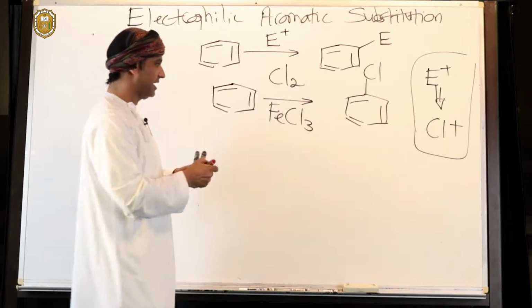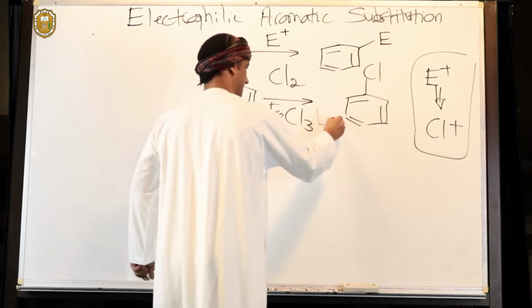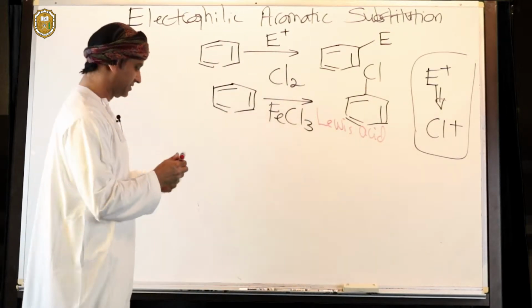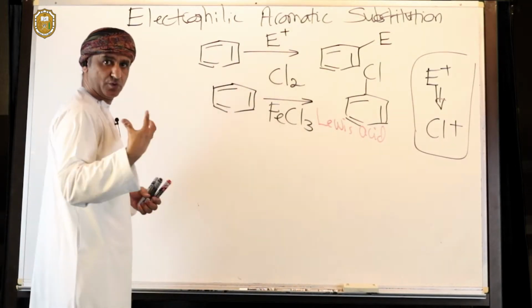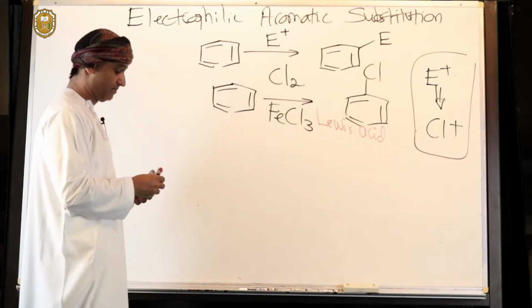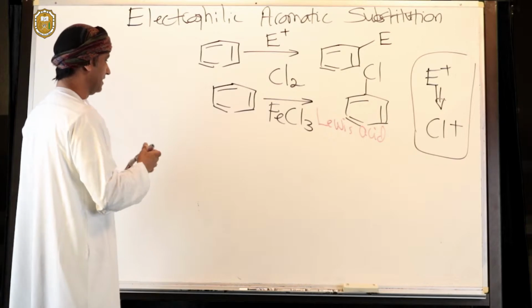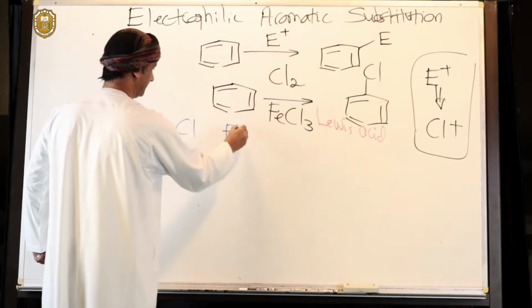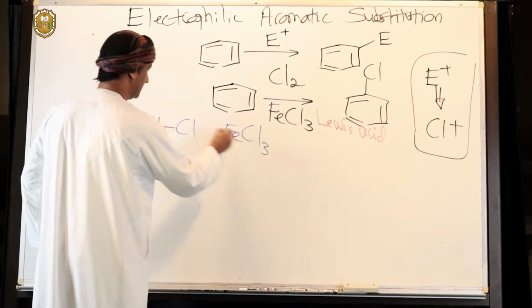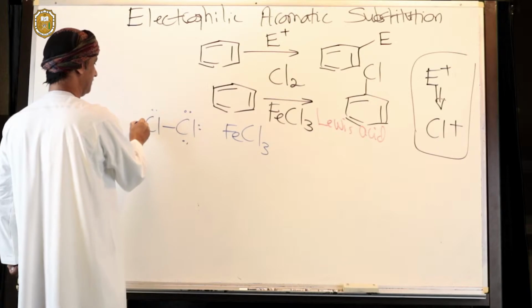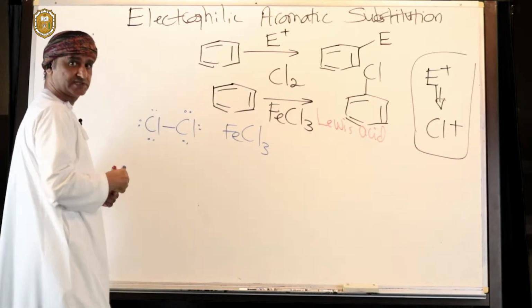So this is what we need to form mechanistically upon reacting chlorine with iron 3 chloride. Remember, iron 3 chloride is a Lewis acid catalyst which reacts with chlorine in a similar way to when bromine reacted with iron 3 bromide. So let's draw chlorine. This is chlorine and this is FeCl3. Remember, each of these chlorine atoms has 3 lone pairs, so they can act as Lewis bases.